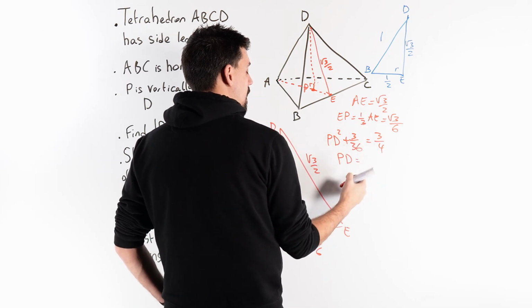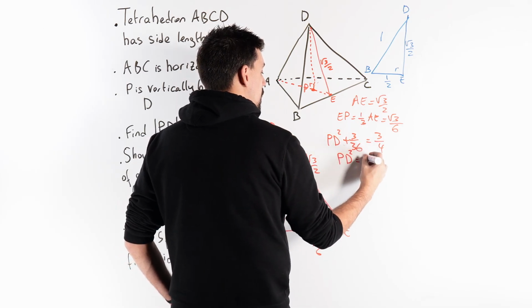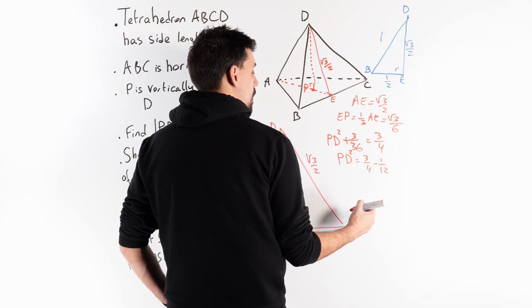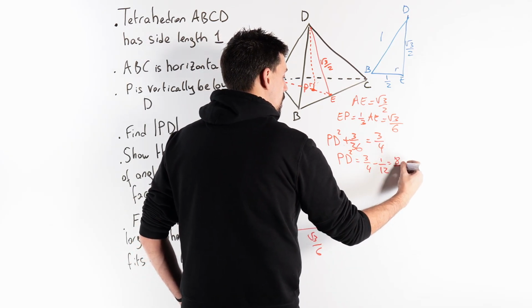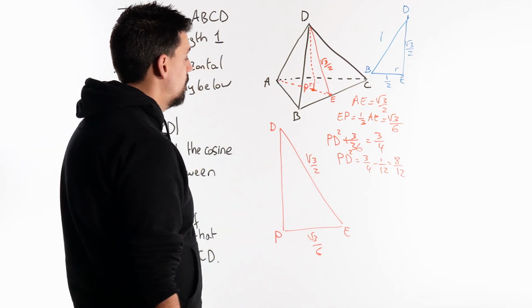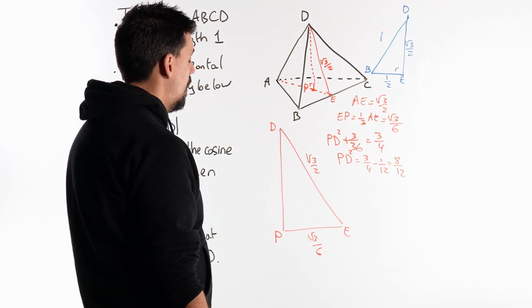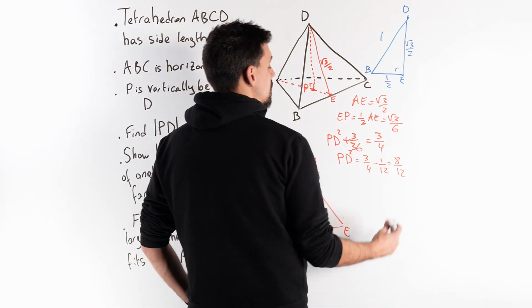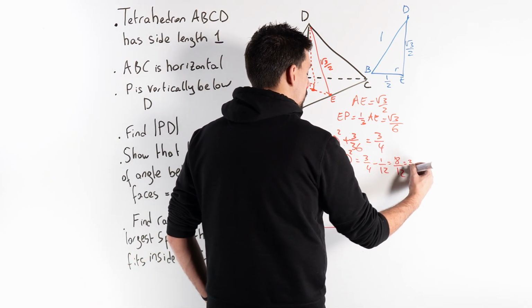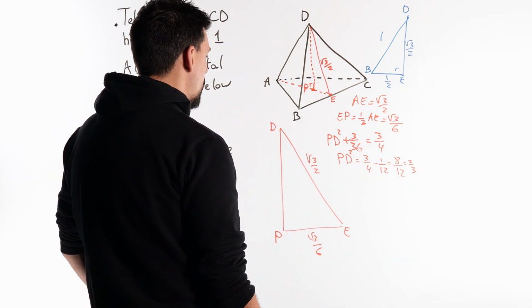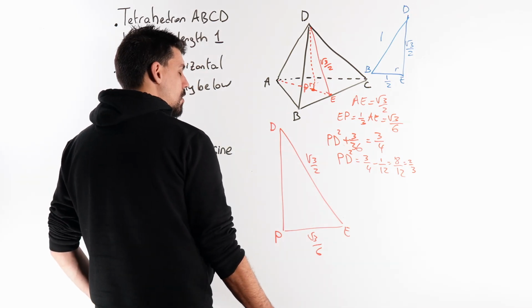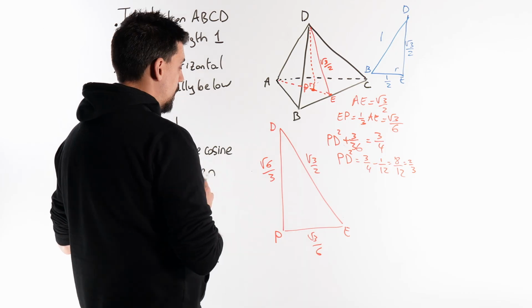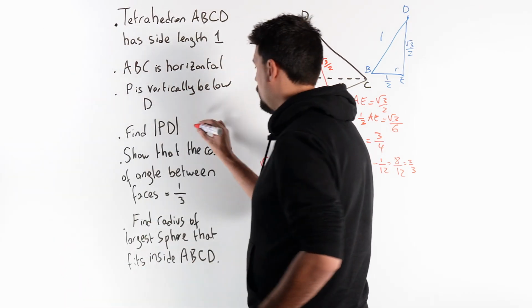PD squared is 3/4 minus 3/36, which is 1/12. So that is 8/12, which is 2/3. So we want the square root of 2/3, √2/√3, √6/3. Okay. So PD is √6/3.